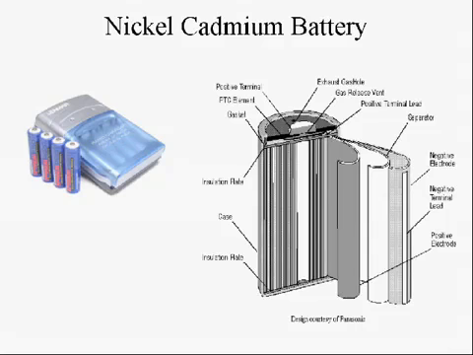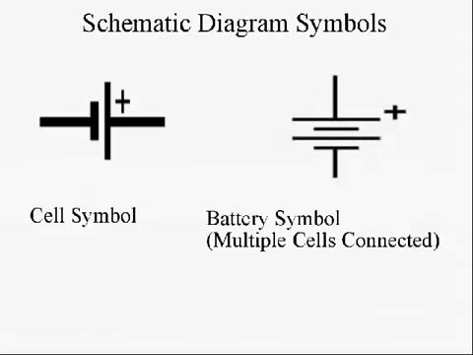They like to be charged fully and then discharged fully in a cycle. They last longer if you do that. They don't like to be charged just a little bit and then discharged a little bit, which is kind of the opposite of the car battery. Car batteries like to stay charged if possible, and they don't like to be discharged very deeply. So they're sort of opposites of each other in that regard.